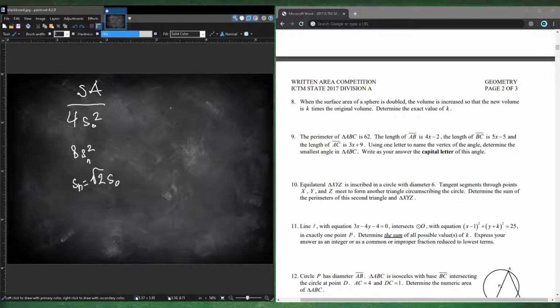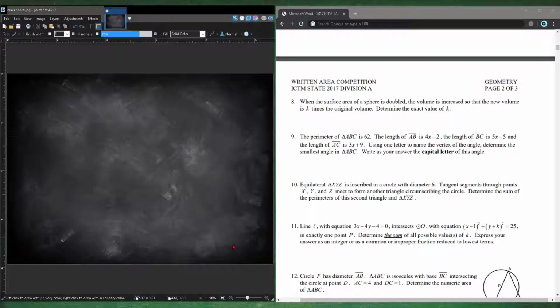So that means if we have a volume which is calculated by 4/3 s cubed, now it's cubed. That means it's going to cube this number. So square root 2 cubed is just 2 square root 2. And that's your value of k, because that's how many times the volume increased. Okay, so that's number 8.